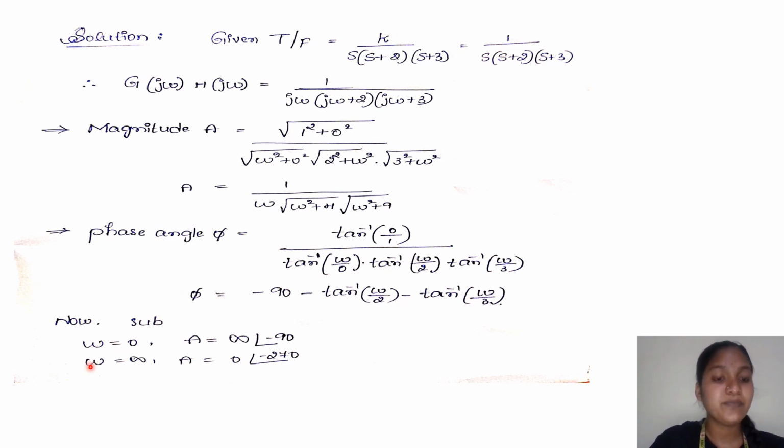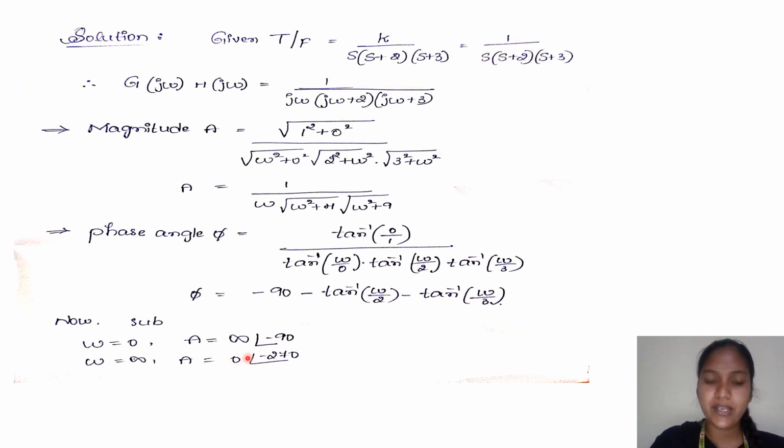Now, next step, we have to substitute omega is equal to 0 and also omega is equal to infinity. If we substitute omega is equal to 0 in this magnitude term, we get infinity at the angle minus 90, because 1 by 0 is equal to infinity.